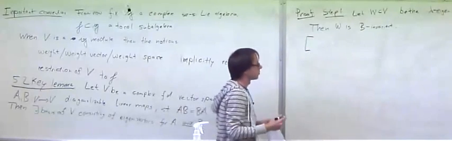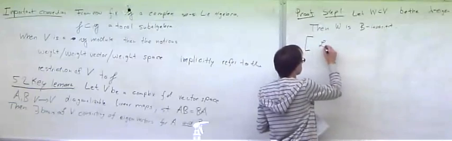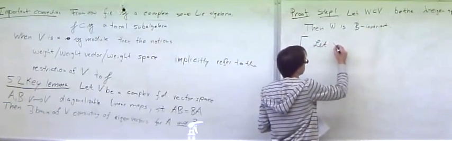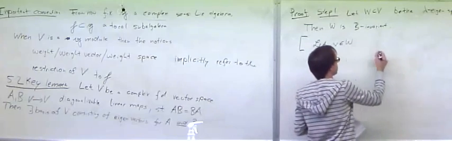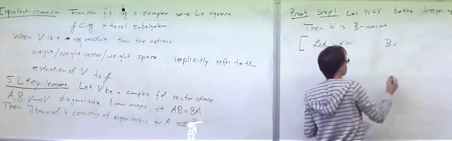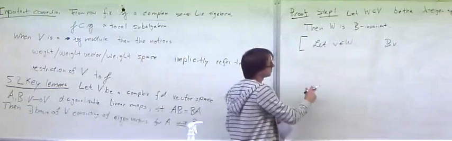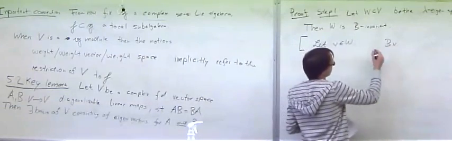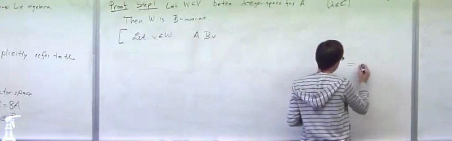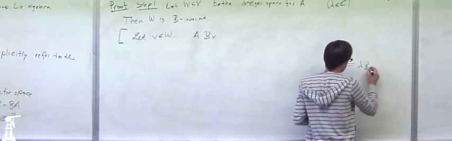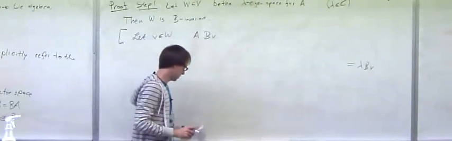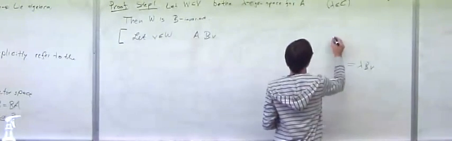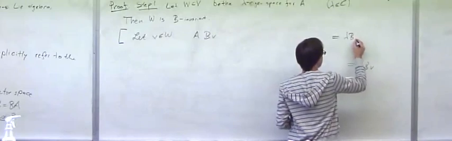So how do I check this? Well, let V be any element of W. Then I apply the matrix B, and I have to check that the result is still contained in W. So I have to apply A, and I hope that this will just be lambda BV. Well, this proof will actually be shorter, so I can write it in the same line.